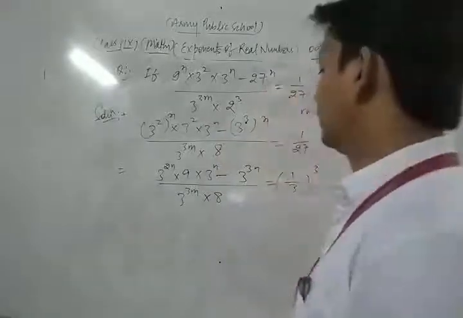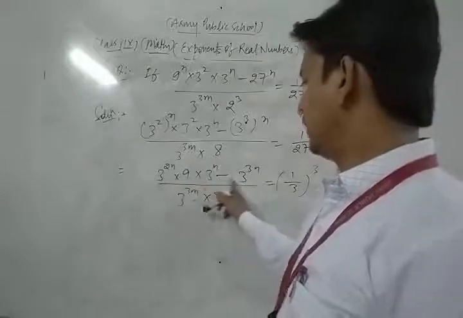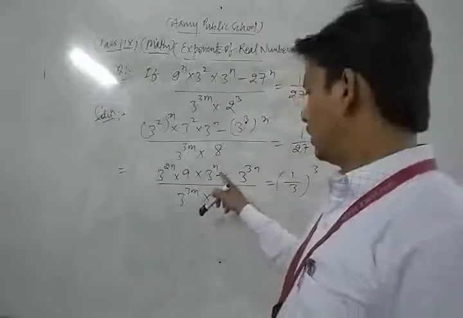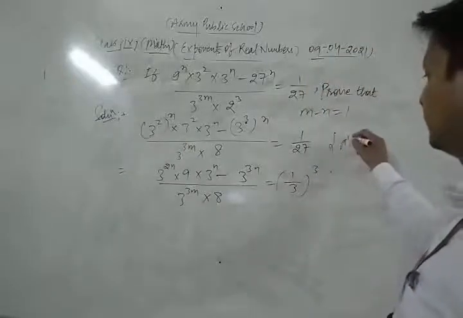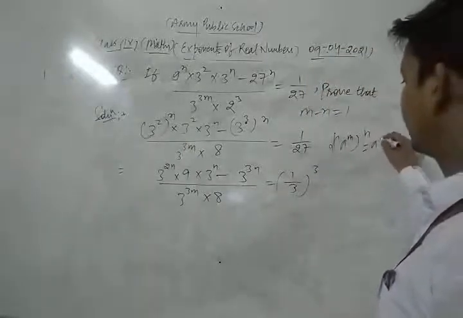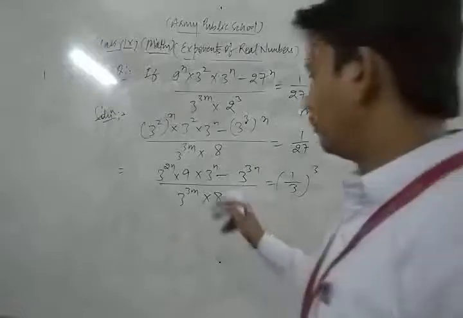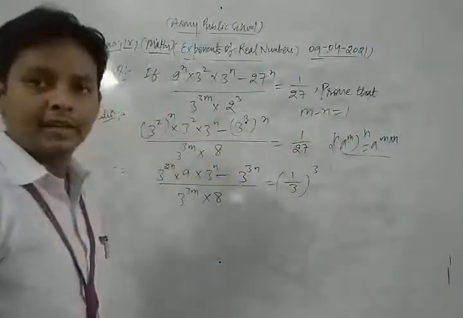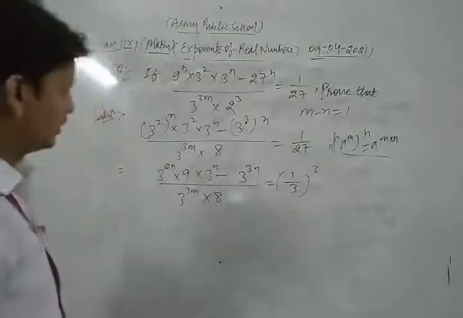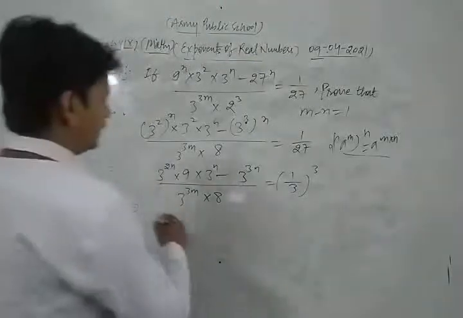Now in the numerator this is 2n. Here we apply the laws of exponent. You know that a power m to whole power n is equal to a power m into n. So here we apply that law of exponent. Now again we apply laws of exponent.